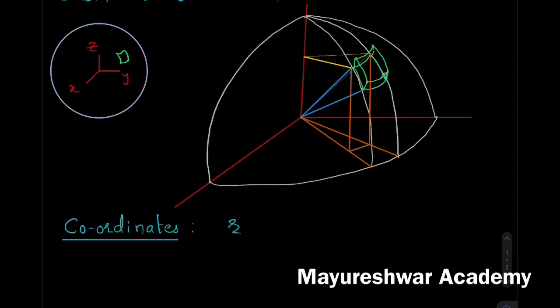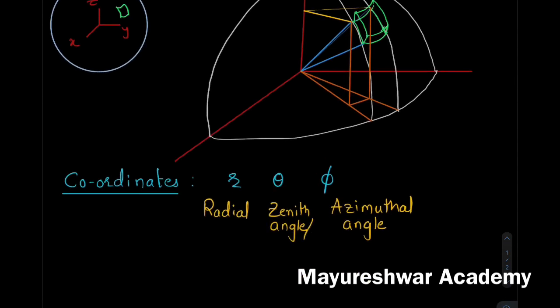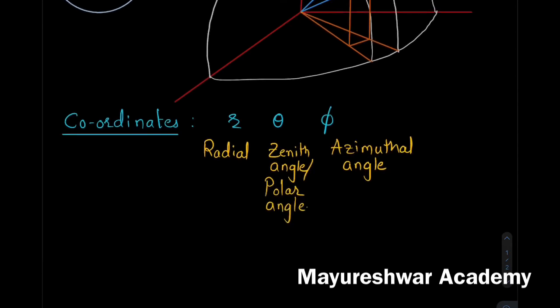Let us first of all discuss the coordinates r, theta and phi. These are coordinates in which r is the radial direction, theta is the zenith angle, and phi is the azimuthal angle. The zenith angle is also known as the polar angle in literature. Their etymological study will help us in understanding what they are.